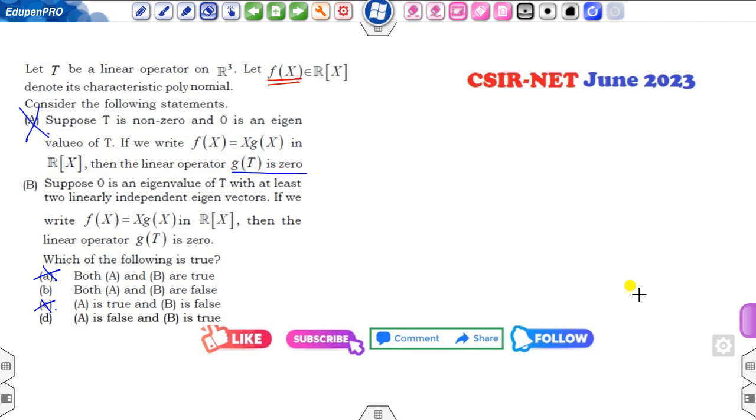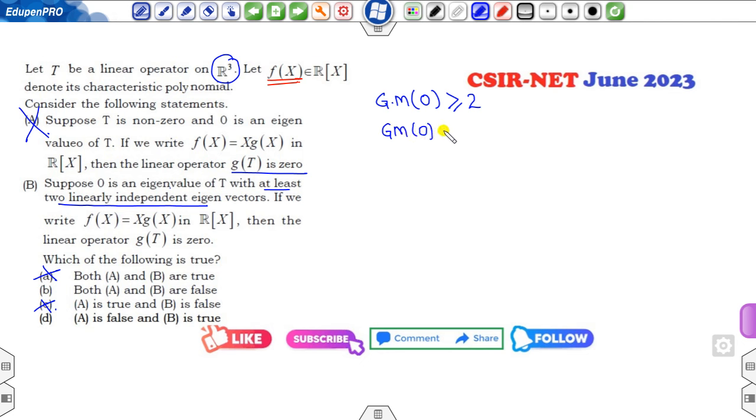Now look at the second option. Suppose 0 is an eigenvalue with at least two linearly independent eigenvectors. The geometric multiplicity of 0 is at least 2, but it's at most 3. So the geometric multiplicity of 0 is either 2 or 3.